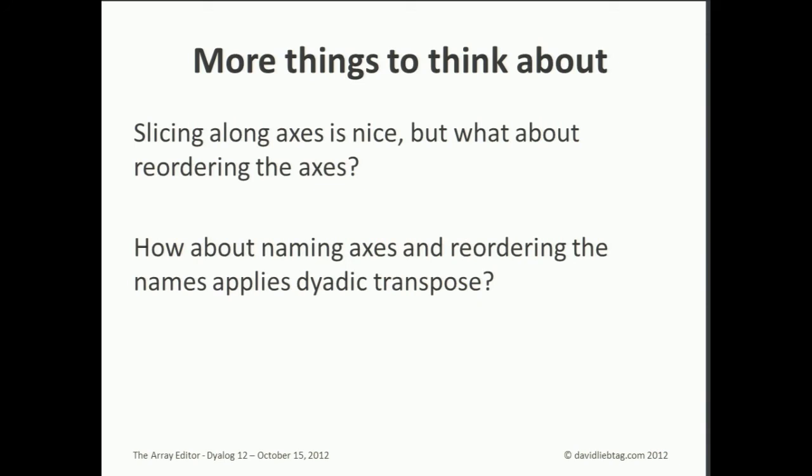What I want to do is provide the user with a way to name axes and then provide one of those list box things where you can drag names up and down to change the order. And when you do that, dyadic transpose happens. I feel pretty good that's the right thing to do, but it's not done yet. If you have another idea about how we ought to reorder the axes, tell me about it, please.